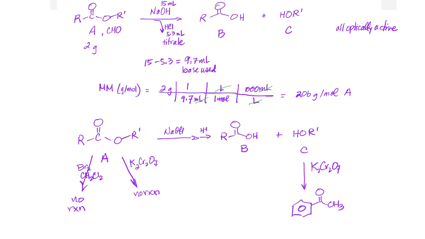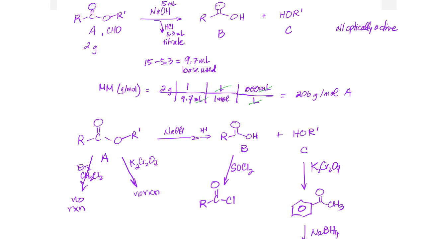And then we were able to take that, NaBH4, and if you reduce, you'll get the alcohol. And that's compound D. And then they said compound B was reacted with thionyl chloride to produce the acid chloride.